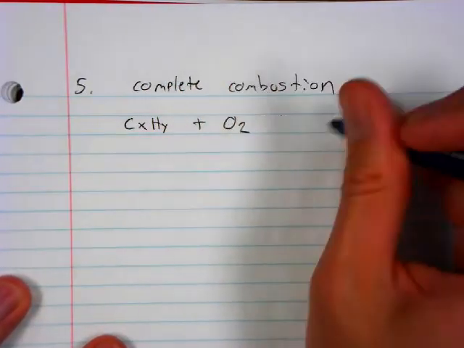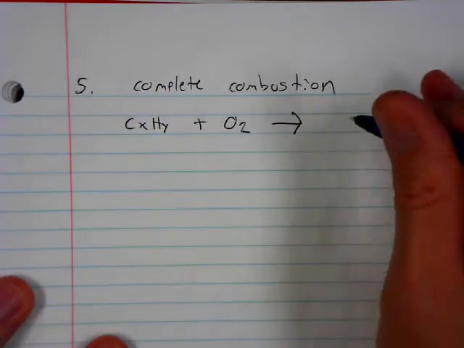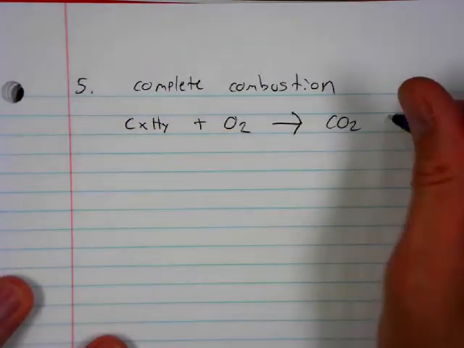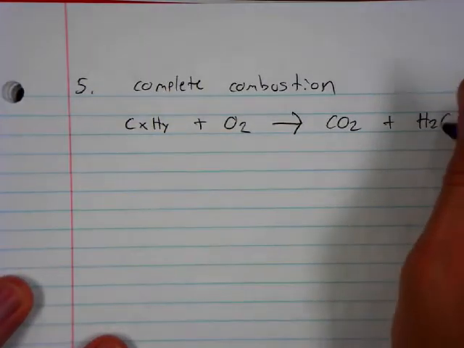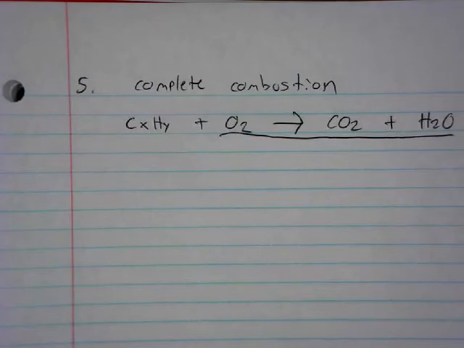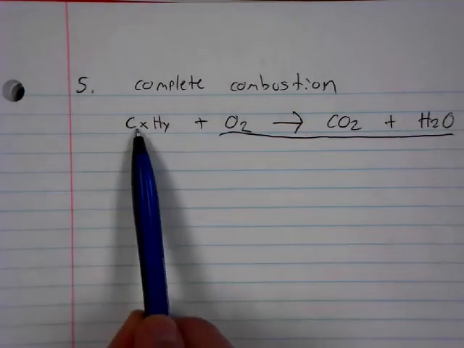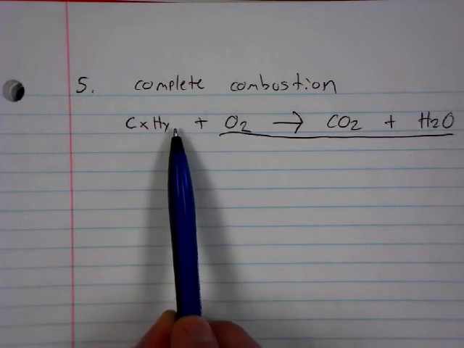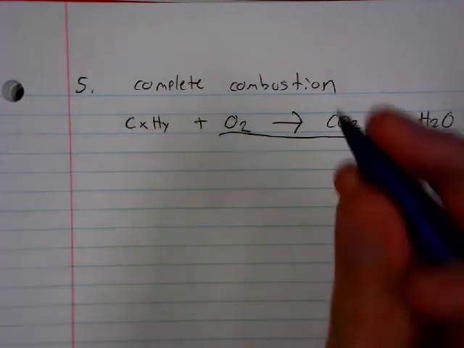So I have CxHy plus oxygen, because I have to have oxygen to burn something, gives me carbon dioxide plus water. The cool thing about combustion is the underlying part, the O2 yields CO2 plus H2O, is always, always, always the same. The only thing that ever changes is the subscript x and the subscript y.